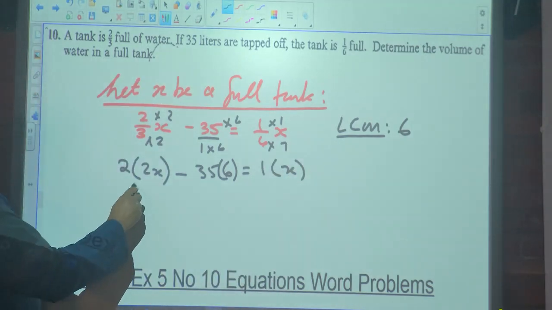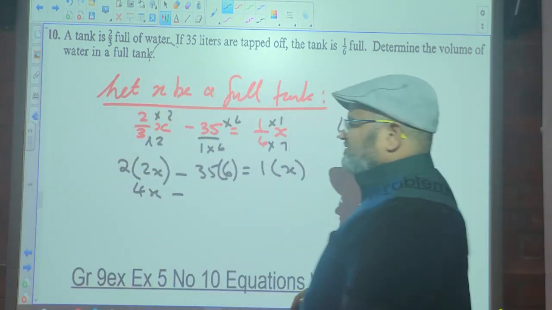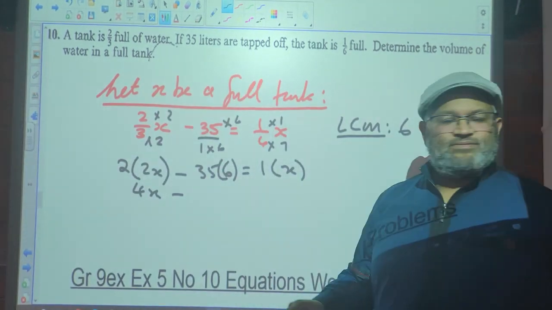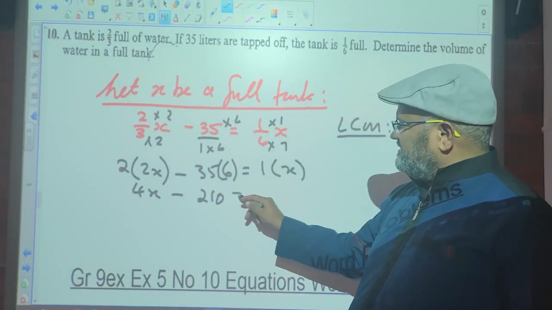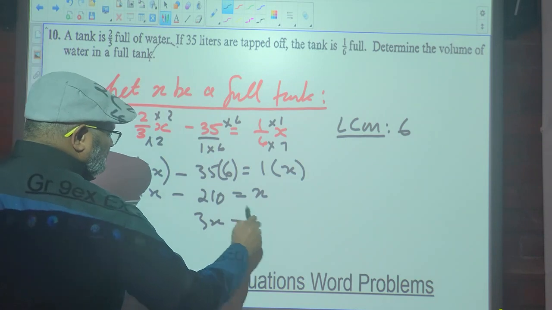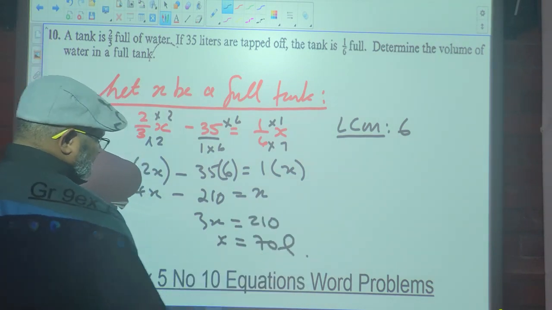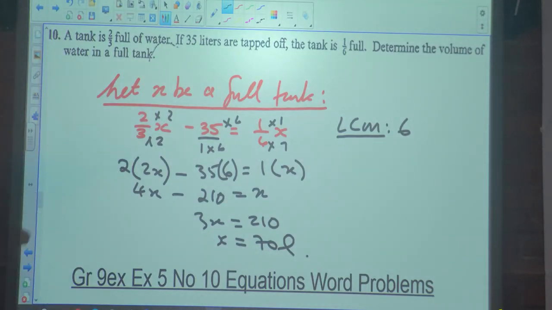So it's going to be 4x minus 35 times 6. 70 times 3 is 210. It's equal to x. Take that over the equal sign. So 3x is equal to 210. Divided by 3, 70 liters.